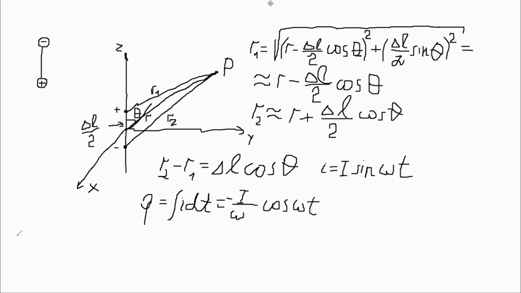From this, we can write that our charge Q will be equal to minus I divided by omega, multiplied by cosine omega, and the delay will be t minus R divided by the speed of light.